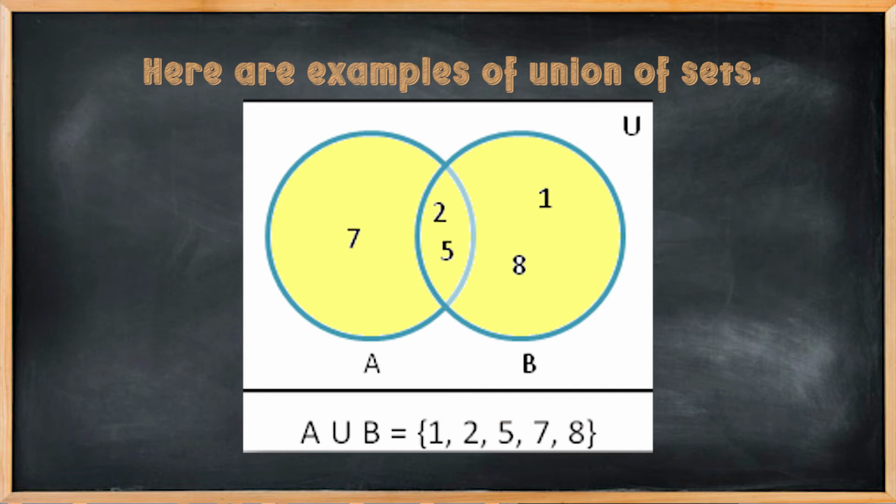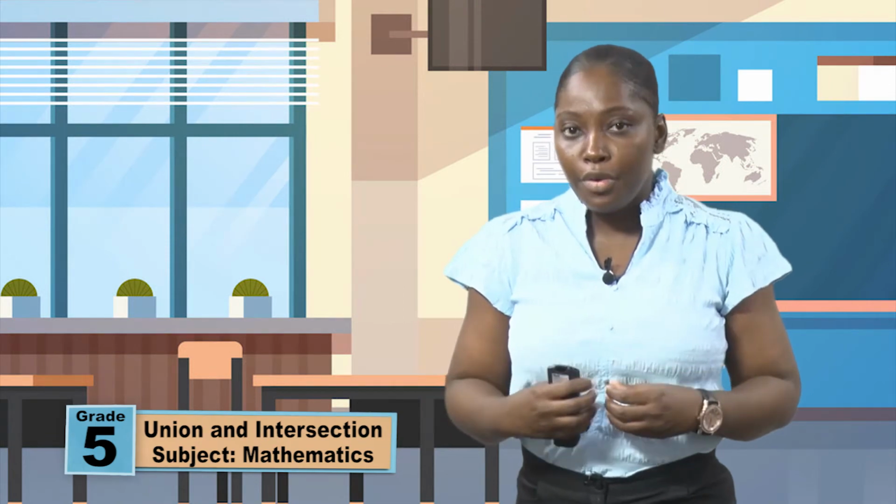Now, I am sure that you have noticed that the members 2 and 5 belong to both sets. Now, when we're finding the union of set A and B, we're going to bring those two sets together. So we're joining their members.